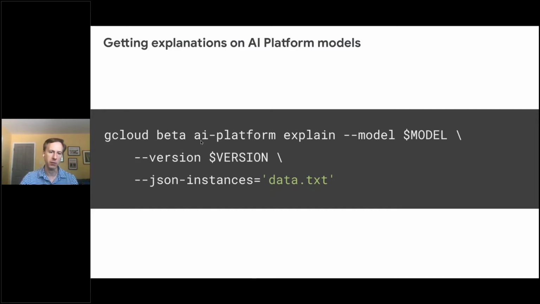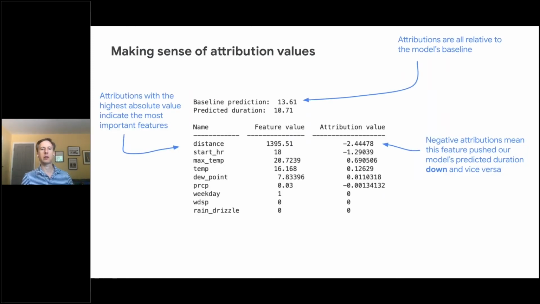This happens to be a beta feature, but generally, it's gcloud, AI platform, and then there's training, predictions, etc. To explain a model, you basically pass in the model, the version of that model, and then the examples that you want to understand why the model predicts the way it does. So let's take a quick look at an example of the information coming back from an explanation. So here we have a data set that's for rental bikes.